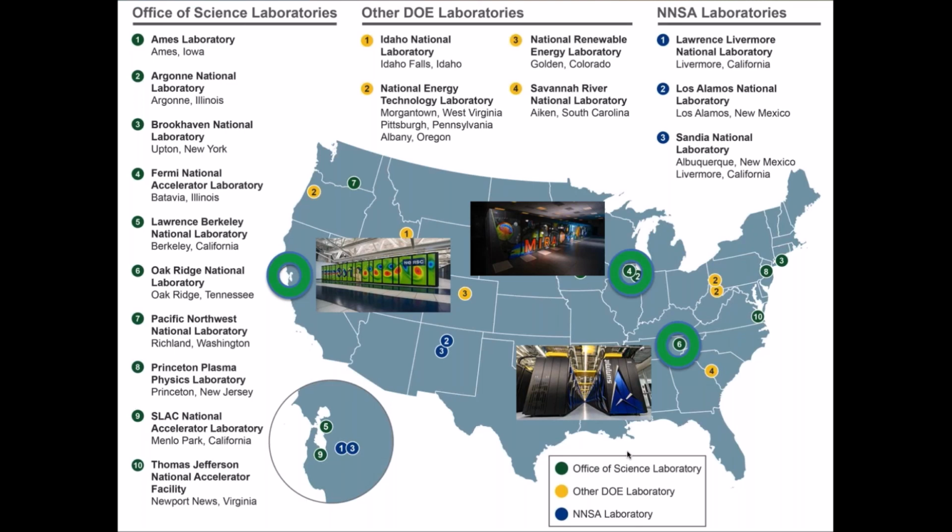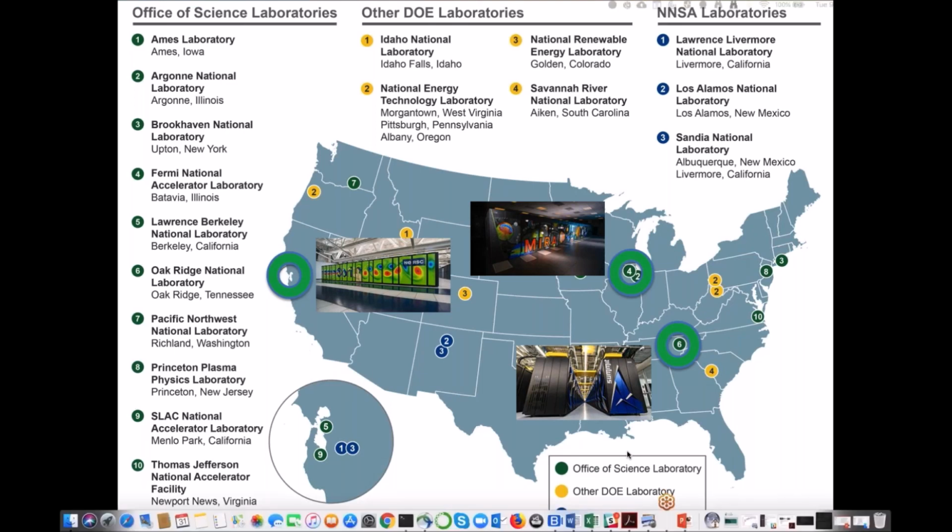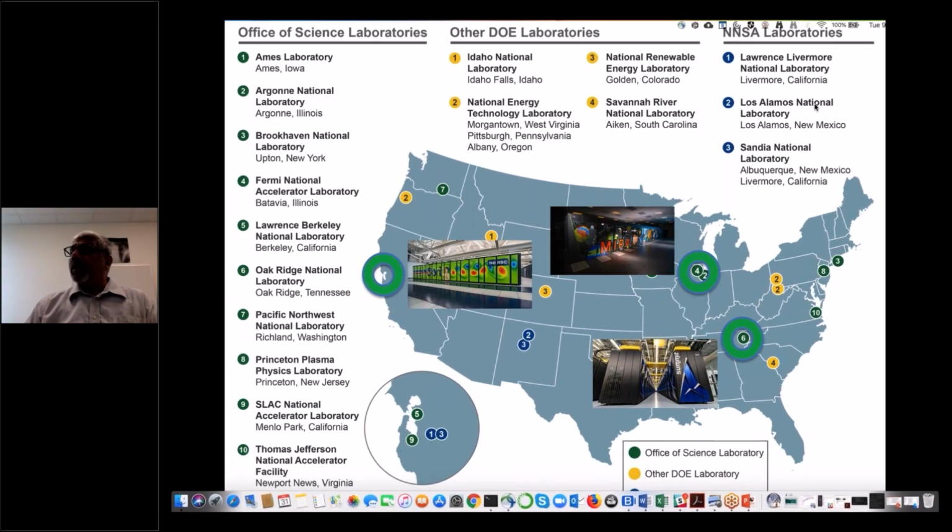So the fact that all our personnel are distributed among locations and laboratories, and the computing facilities are also distributed, poses a great challenge to being able to collaborate effectively.